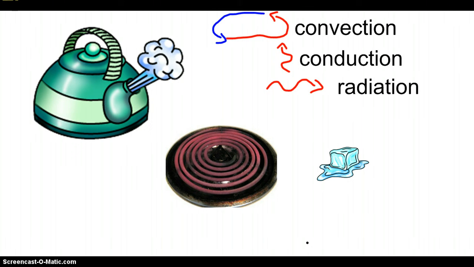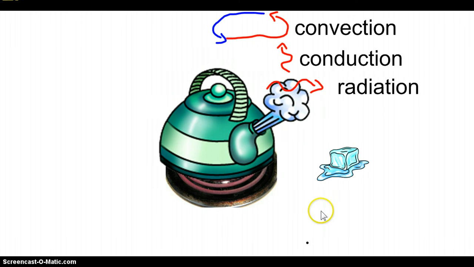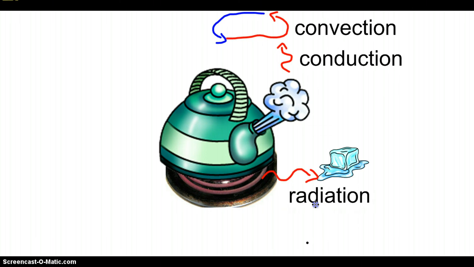So let's look at a picture. If we have this kettle on a burner, where is convection, conduction, and radiation happening? Radiation would be happening here. The burner is heating the air around it, and so the air around it gets warmer, which is going to cause this ice cube to melt. Conduction would be the hot burner directly to the kettle.